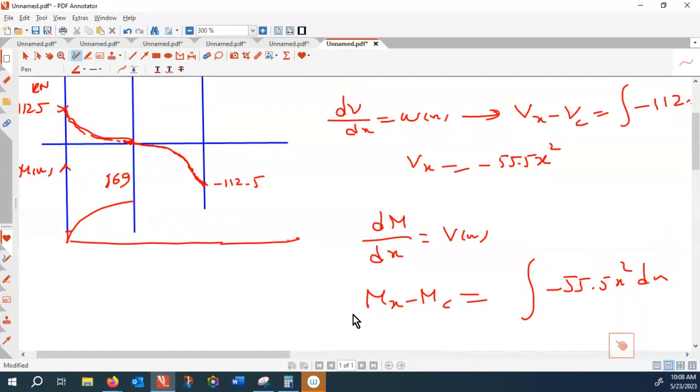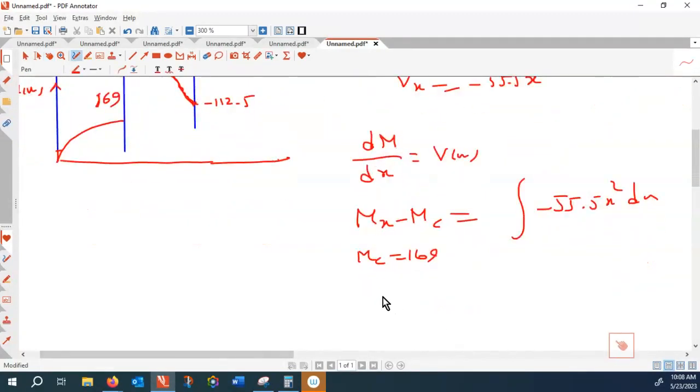So what is M of C? From the left-hand side, M is 169, and there is no point bending moment, no discontinuity. It has to be continuous. So M of C is 169.